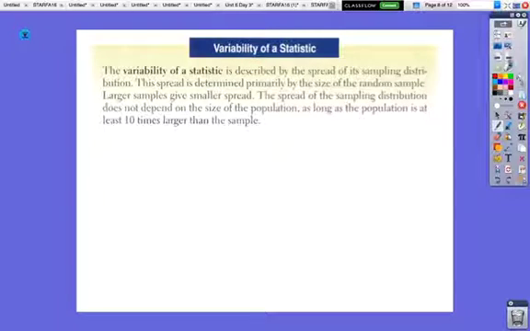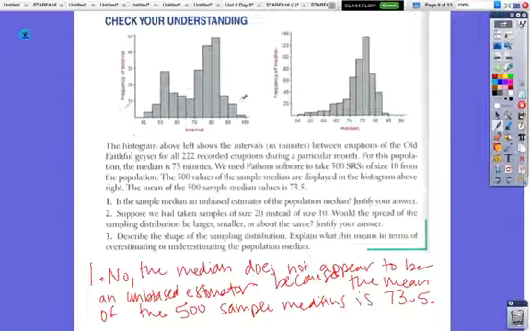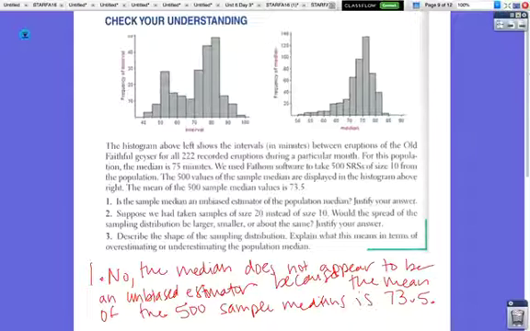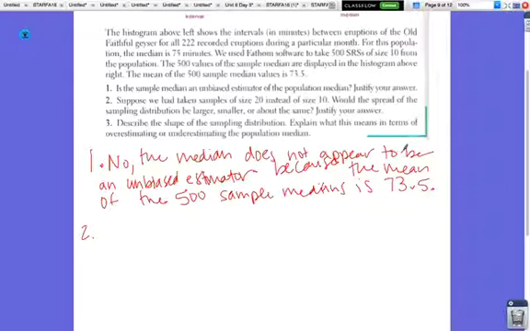So, what we would say for that, because it is asking us about the spread of the distribution, we would say that it would be smaller. So because we're increasing the sample size from 10 to 20, we will decrease the spread of the sampling distribution.